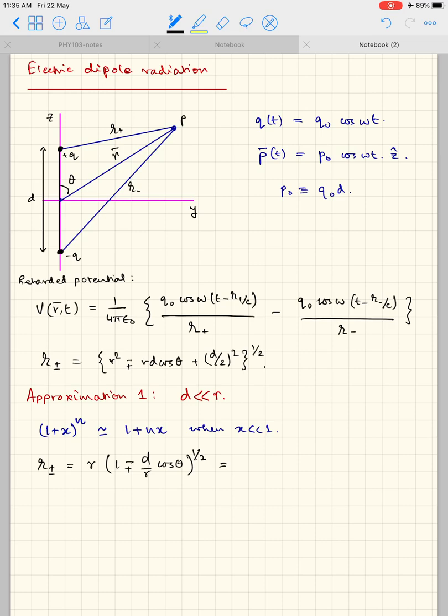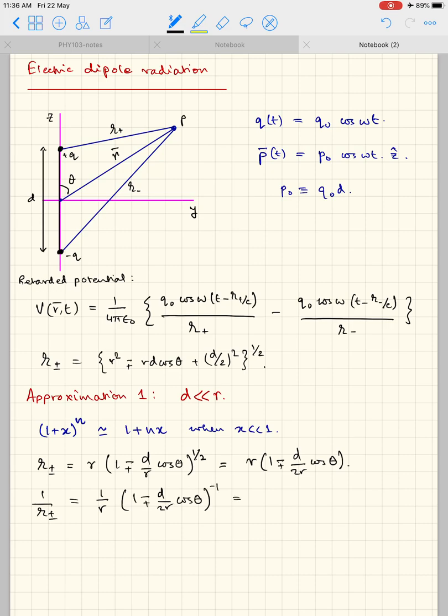which is equal to, so in the first step we have dropped the d squared terms, now using the expression I've just shown you, r times 1 minus plus d over 2r cos theta. Now 1 over r plus minus is 1 over r times 1 minus plus d over twice r cos theta, inverse.